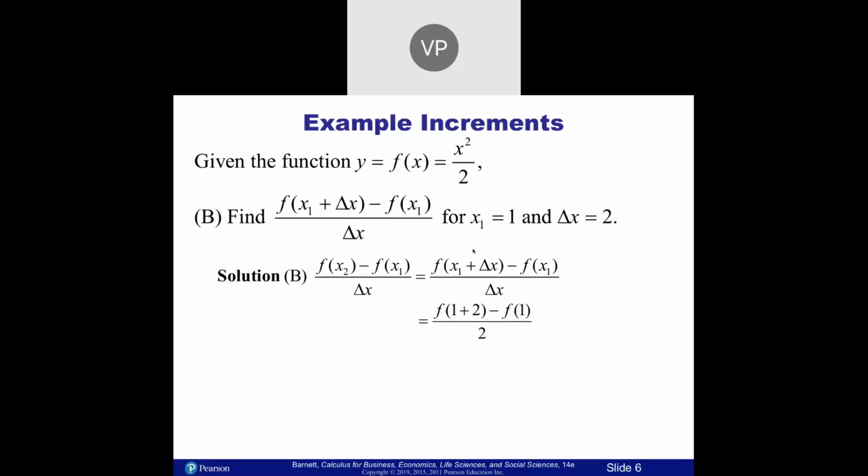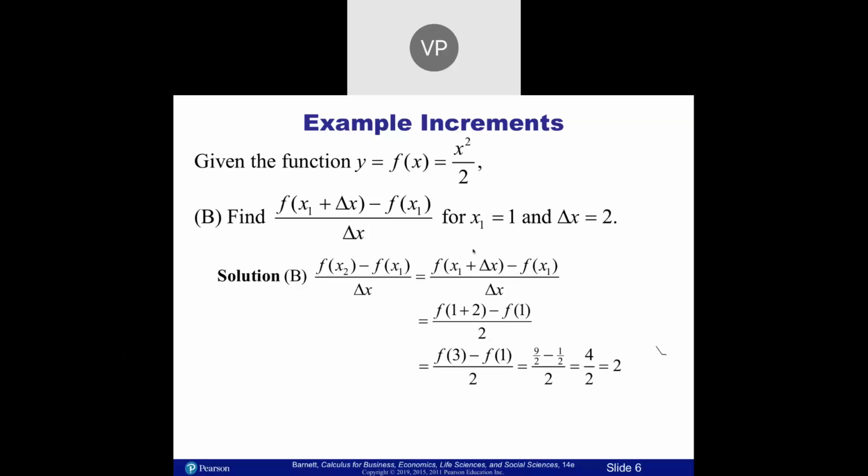You have to make sure you've got the right pieces. So here they tell you x1 is 1, so that's why there's a 1 right here and right here for these 2. They tell you delta x is 2, so I replace that delta x with a 2 and this delta x with a 2. And that's how they arrive here at this current place where we are. We're not done yet, but we're just on the way.